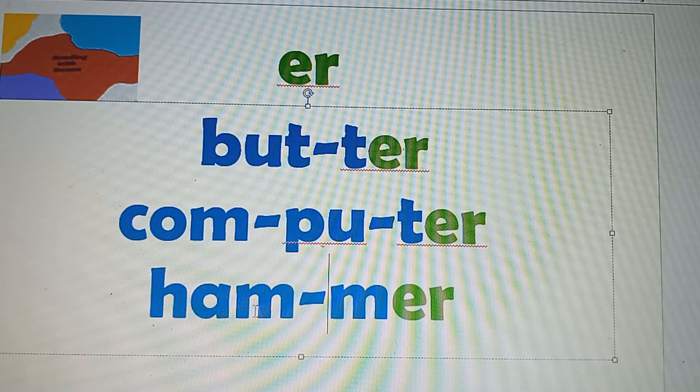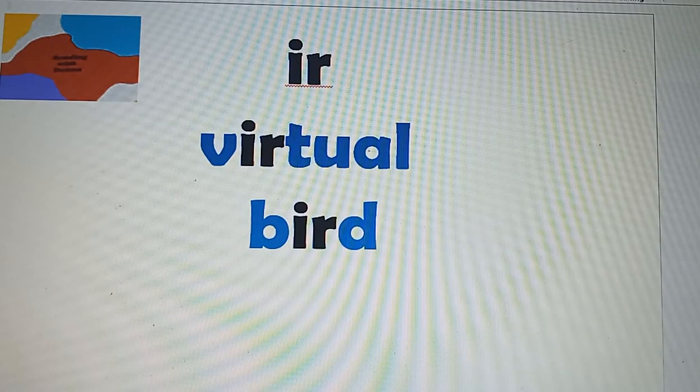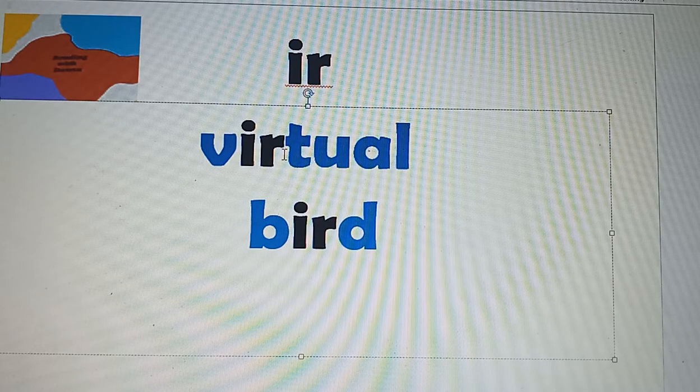All right, so we're moving on to the IR. The controlled R, the R controlled. And we will see how much the R controls this I here. So after the R, we're going to break it right there.